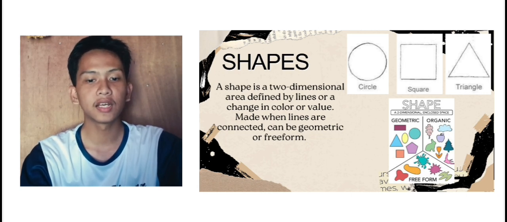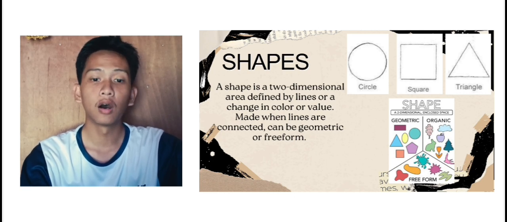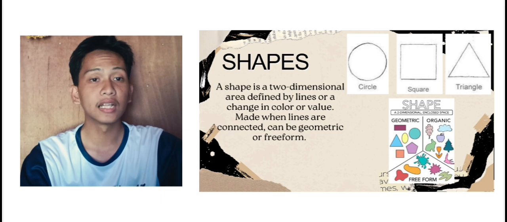So, other shapes are geometric, organic, and freeform. Geometric is like shapes that have different forms, let's say oblong, heart, star, pentagon, or octagon. So it's under geometric. Next is organic.